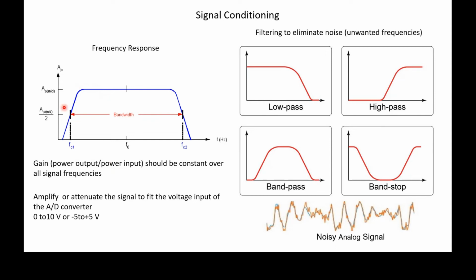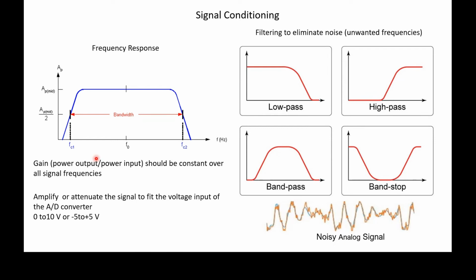The bandwidth and measurement here of the input and the output is usually measured by something that we've called gain. In fact, gain is a ratio of the power output over the power input, which should be constant over all the frequencies. But we've taken that term gain and used it rather loosely to say that it's simply the output signal size or amplitude divided by the input signal amplitude.